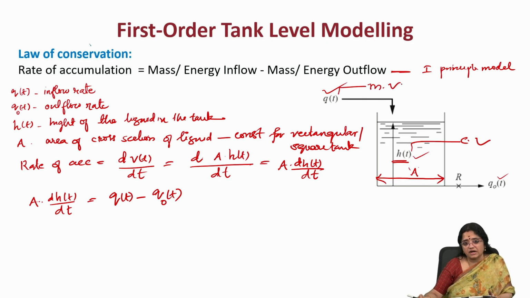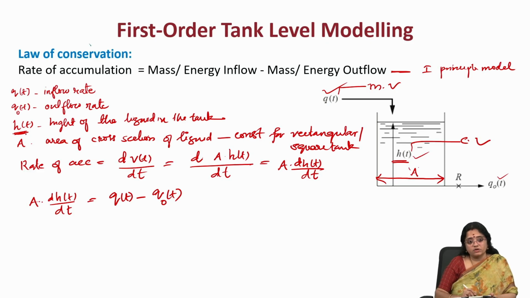There are ways of identifying a suitable manipulative variable. Generally, if you have a set of process variables, as we already termed, Q of t, Q naught of t, and H of t are process variables. We already know that H of t is the controlled variable, because whether the system is regulated or not is observed by looking at H of t.